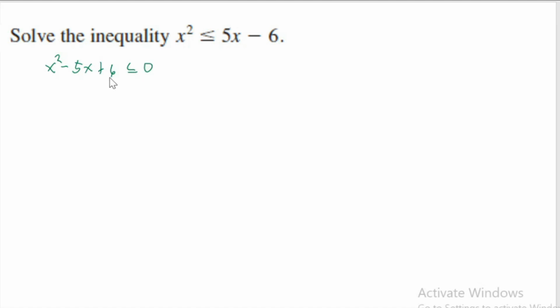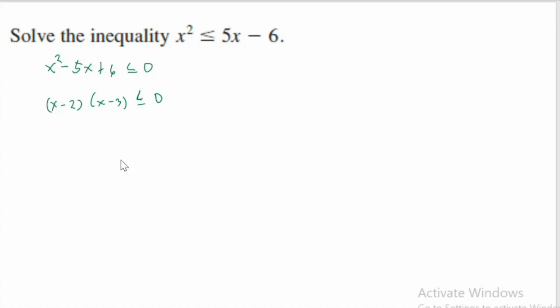Then after that, step number two, we are going to factor on the left hand side. So the factors of 6 that will give a sum of negative 5 will be x minus 2 times x minus 3 is less than or equal to 0.